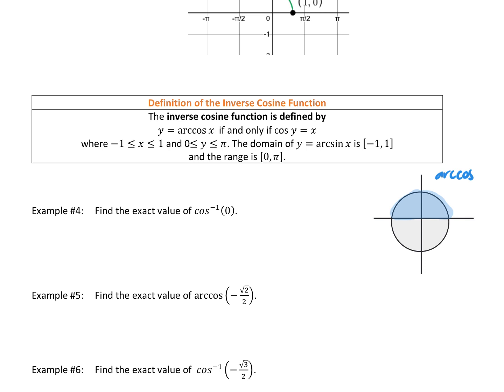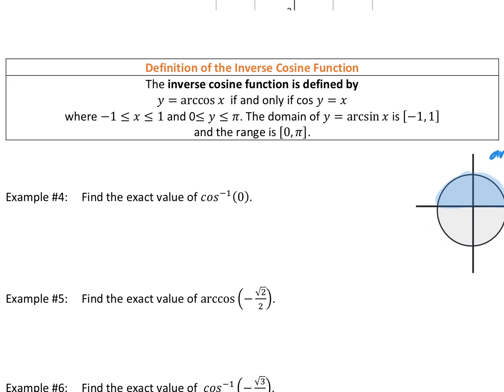So again, I'm going to write out the question that you're going to ask yourself when you're solving these, because I think that helps a little bit. You're asking yourself, what angle in quadrant 1 or quadrant 2 gives you a cosine value of 0?